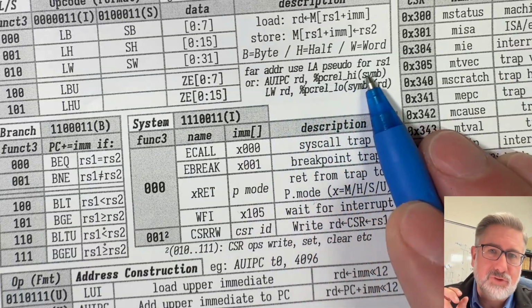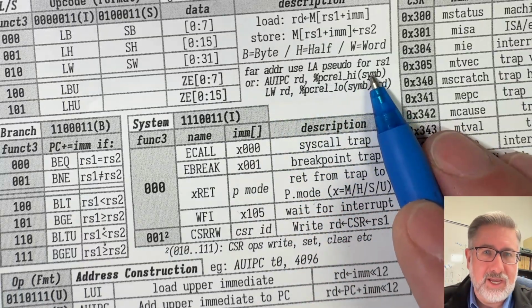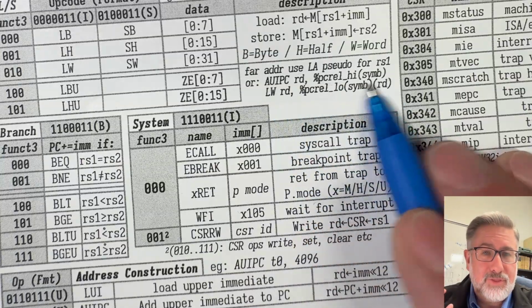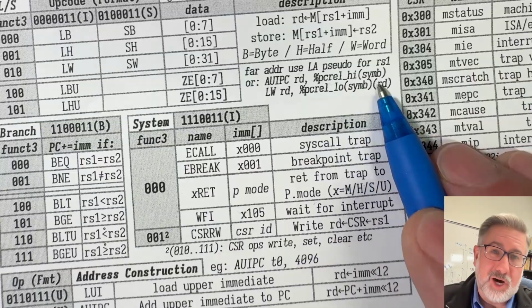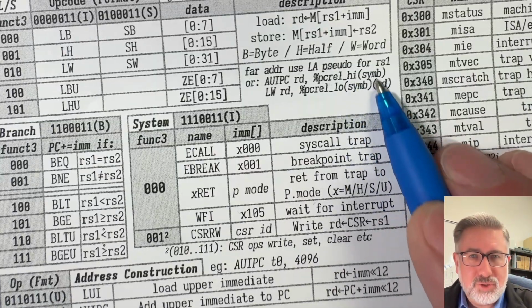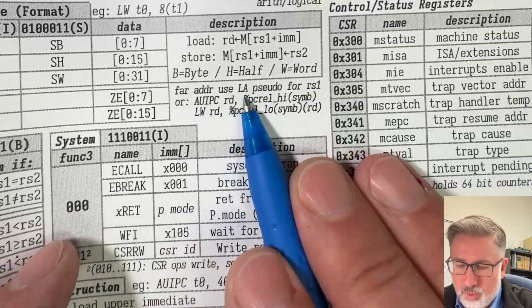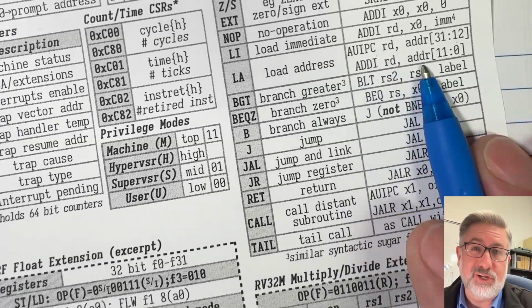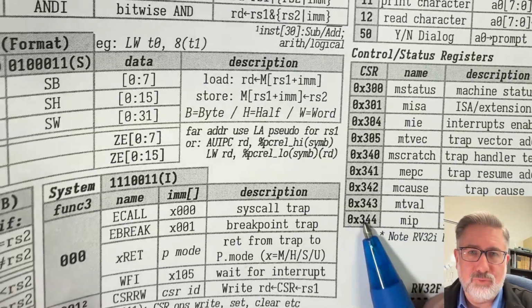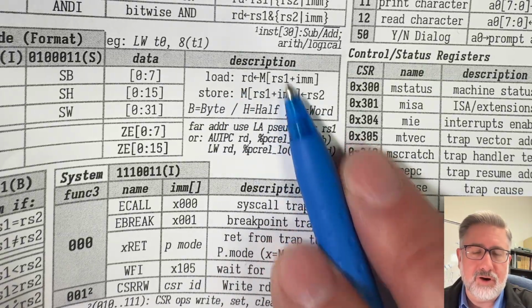You can construct the top of the address using AUIPC, and then you can just use that with an immediate offset to the bottom address, since the immediate offsets are 12 bits. So this is two instructions to do a far load. Or if you use LA for load address, you would do it in three instructions. You would create the address using this process, and then you would use load with RS as that address.